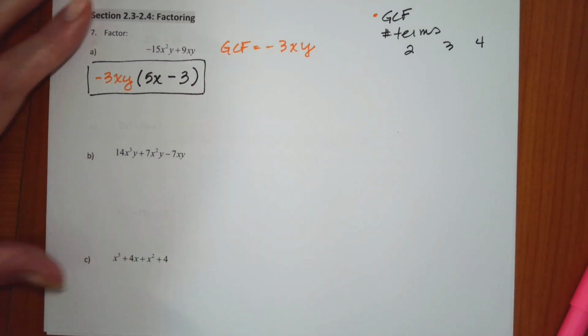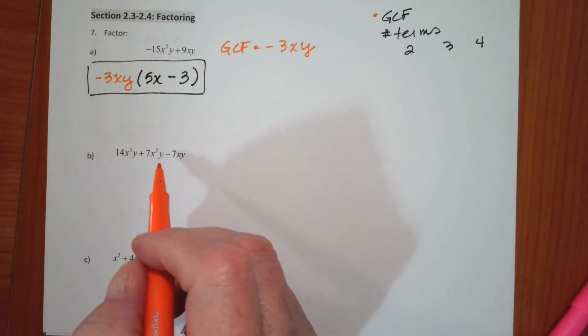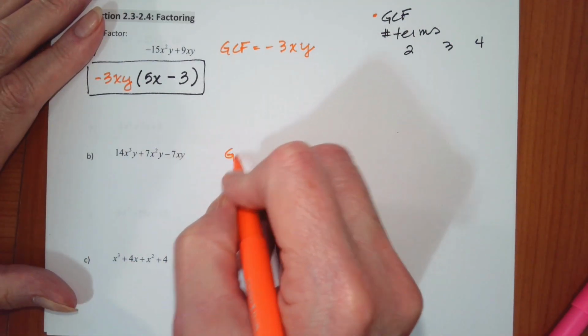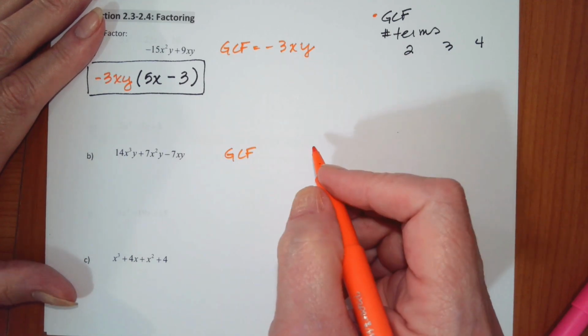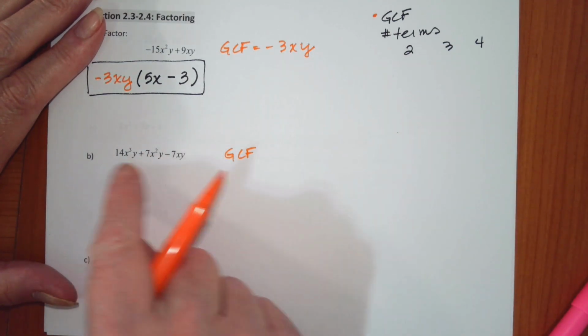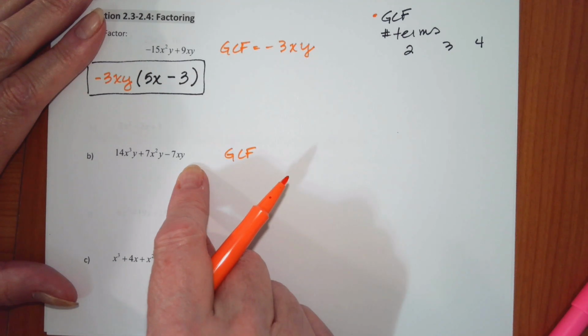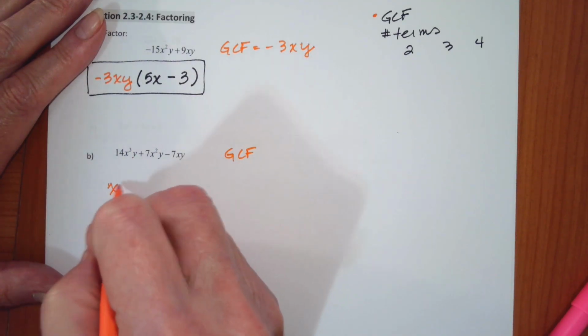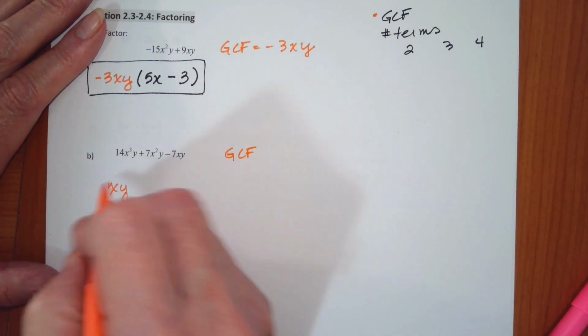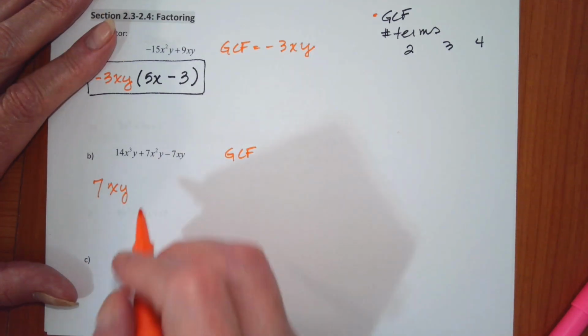Okay, so I've got 3 terms here, and so the first thing I want to look for is a greatest common factor. Well, they all have an x and they all have a y, so I know I'm going to be able to factor out an x and a y, and for the numbers, the GCF is 7.